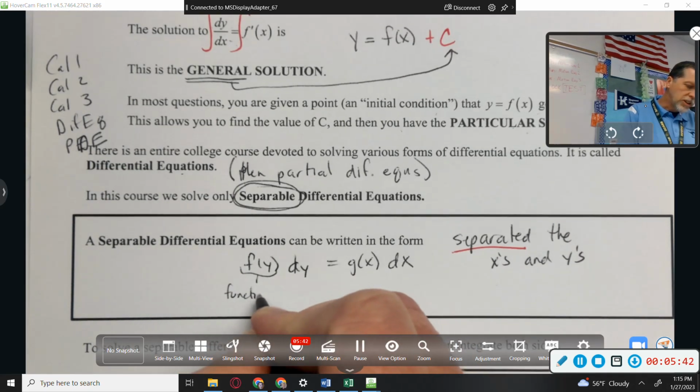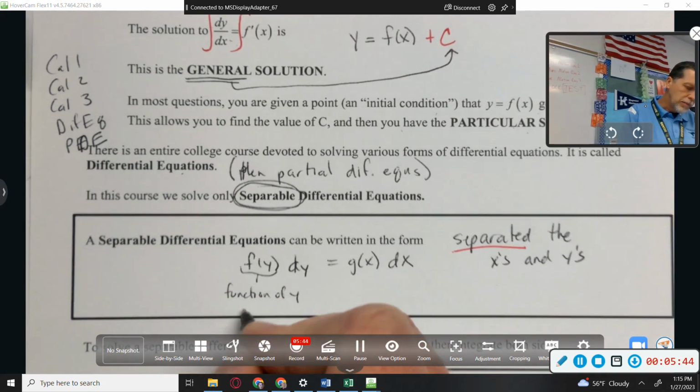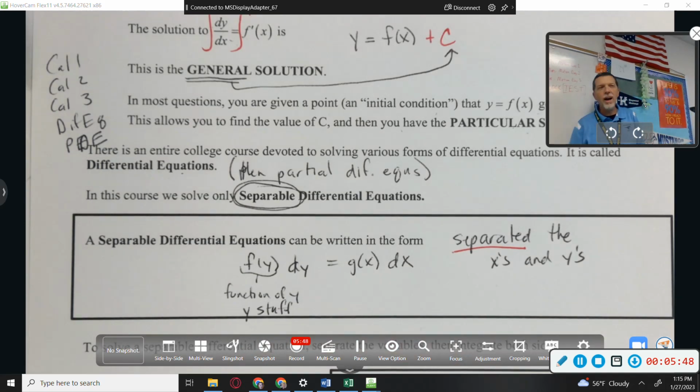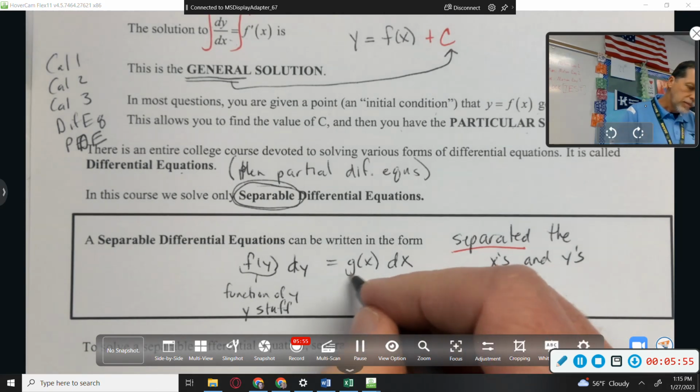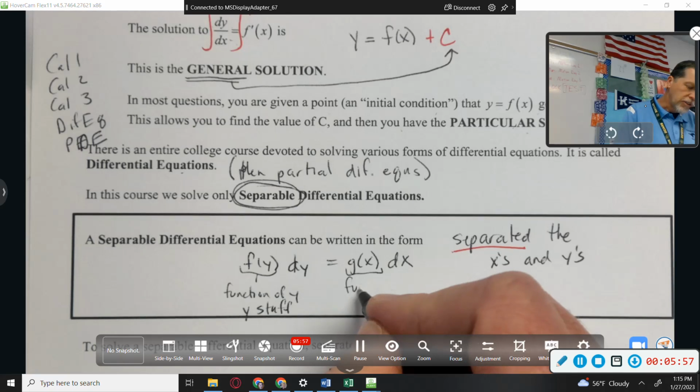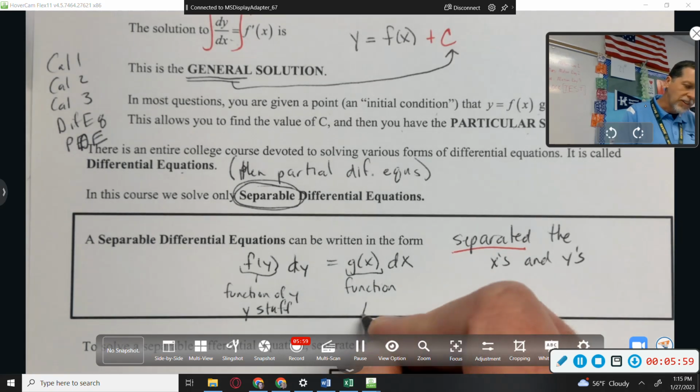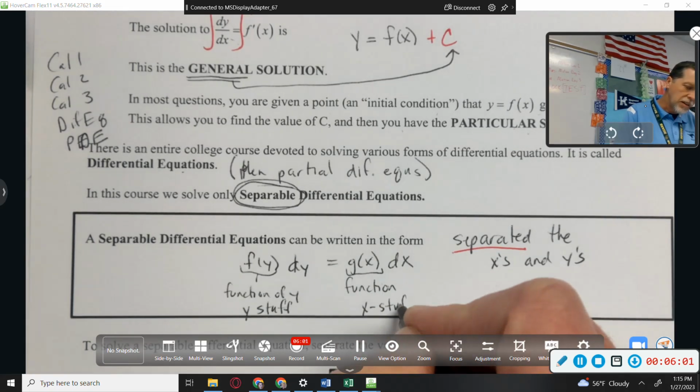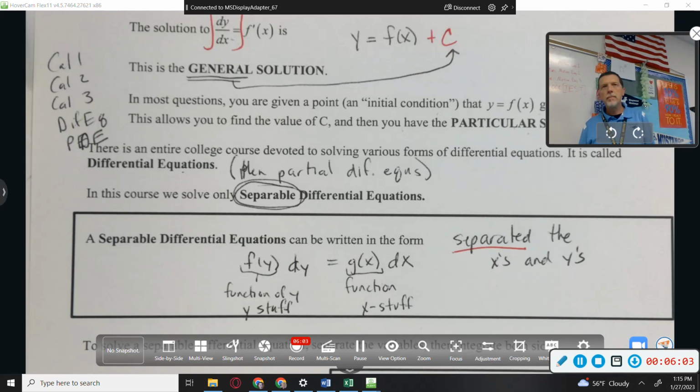A function of y means basically just y stuff. All the stuff with y goes on one side, and it could be a constant over there. And then a function of x on the other, all the x stuff on the other side. You've done that before in Algebra 1, like get all the y's on the right and all the x's on the left.